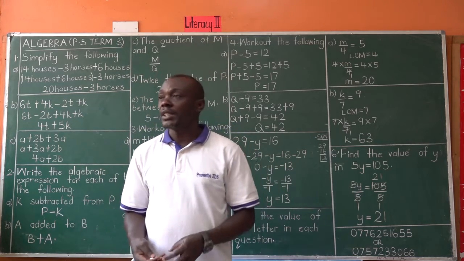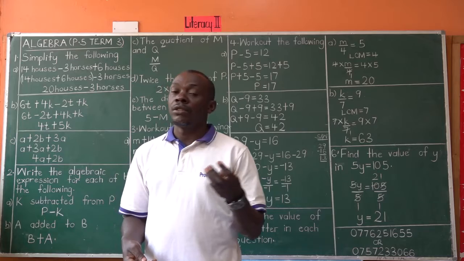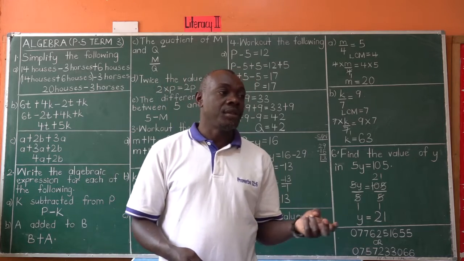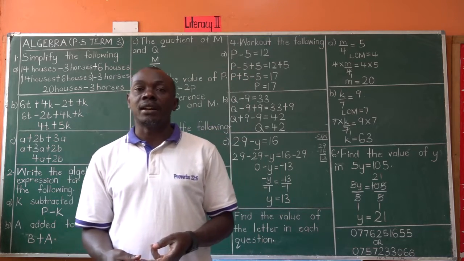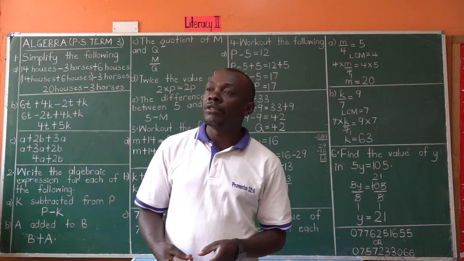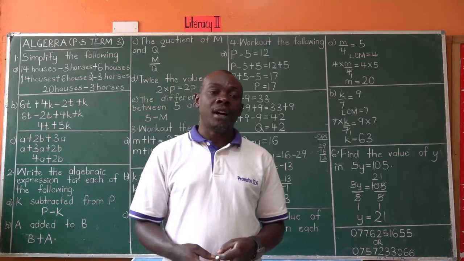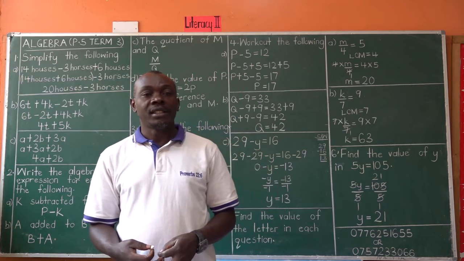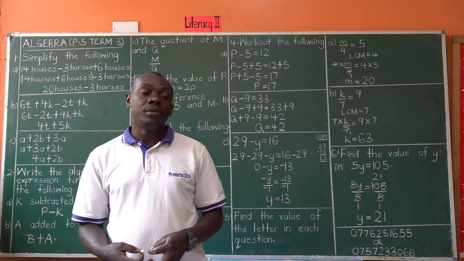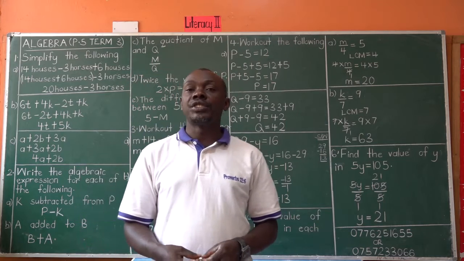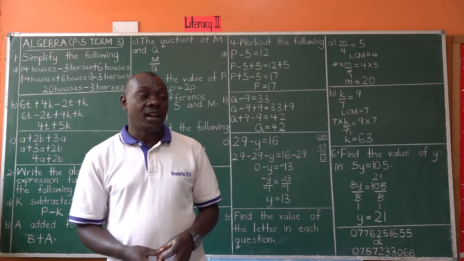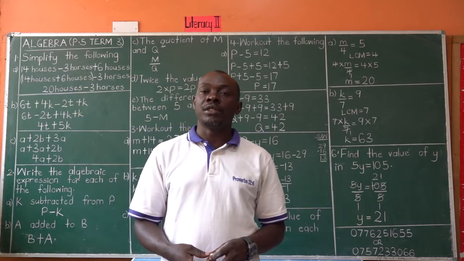Those are the five: collecting like terms, simplifying the collected like terms, formation of algebraic equations, solving the simplified or formed algebraic equations, then there is substitution of those equations.